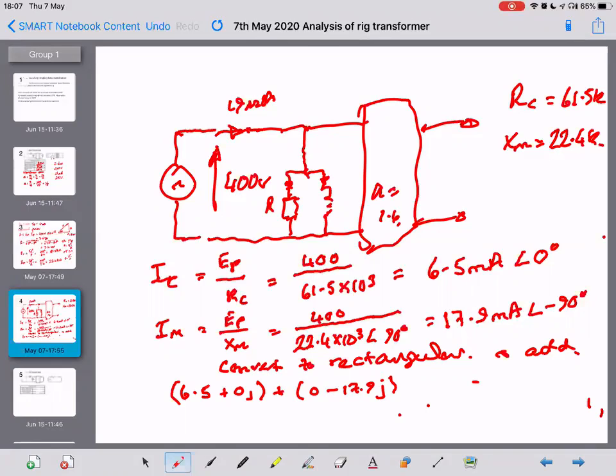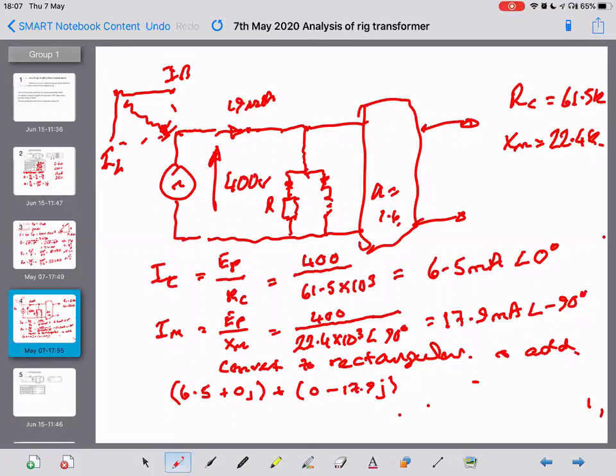So the resistor's only got a real part. The inductor's only got an imaginary part. On a phasor diagram, they're like this. Inductive current down there, resistive current there, and the resultant actual current being that one in there.